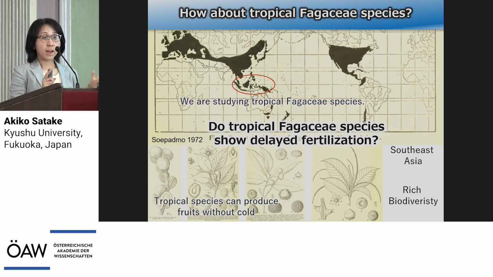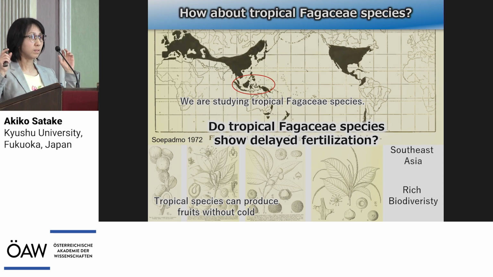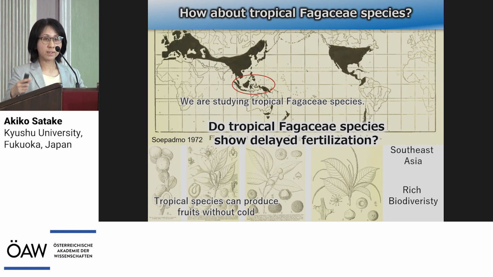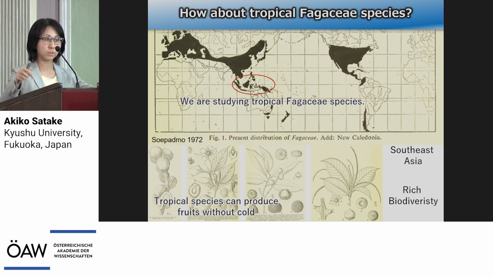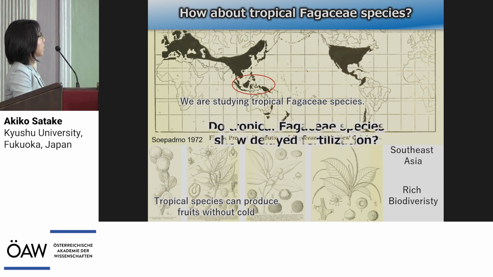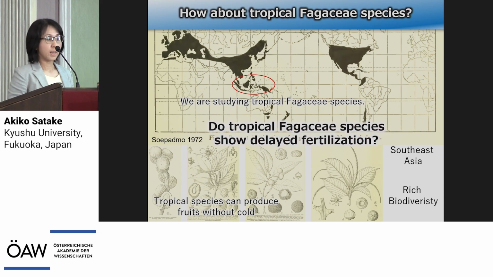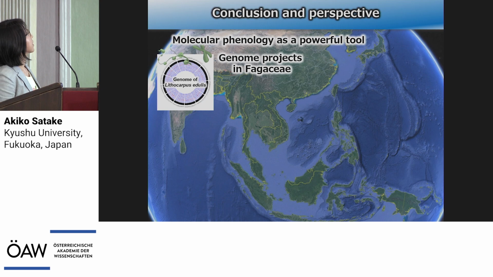Because Fagaceae species diverged about 50 million years ago, when the climate was very warm compared to the present, I think they evolved the requirement of winter cold as they distributed to the northern part. So to explore the evolutionary history, I think further study is needed in the future.